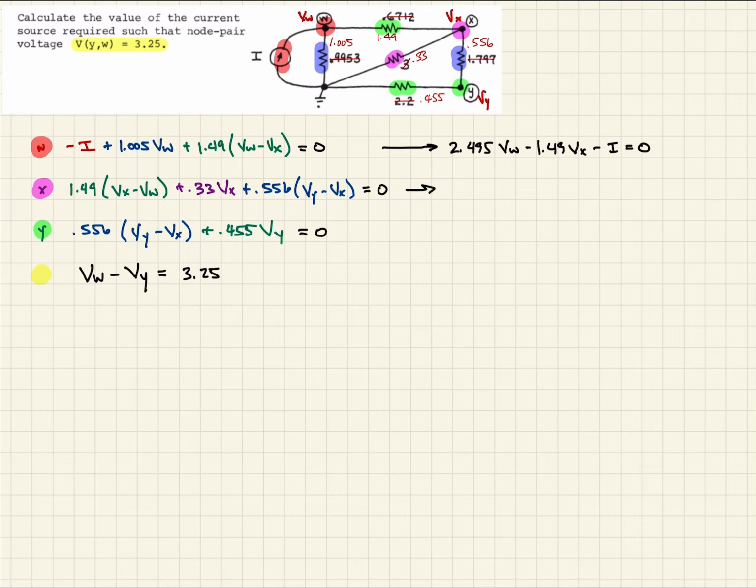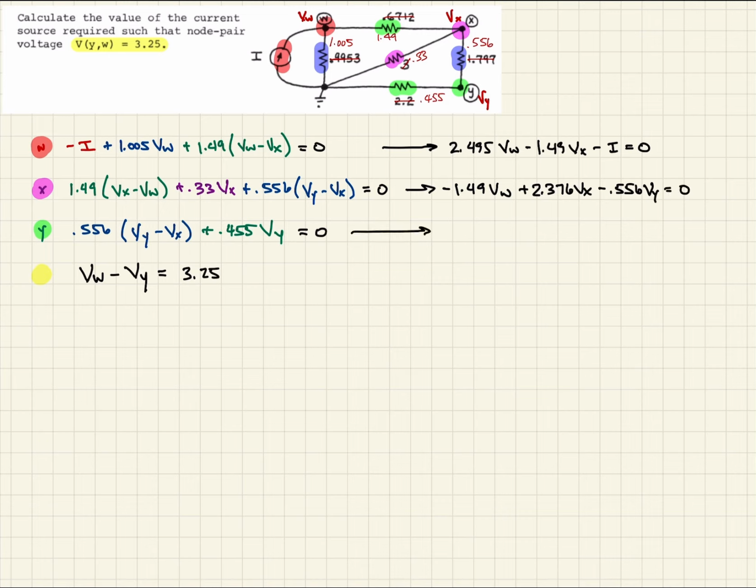Same thing here. If we multiply everything out and combine like terms, we will have a negative 1.49 VW, we will have 2.376 Vx, and minus 0.556 Vy. That's equal to 0.